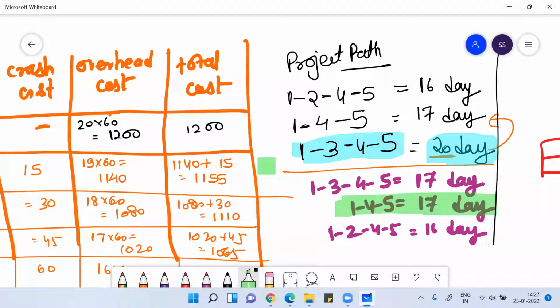So you can find the path which is common in them, which is 4 to 5. If you reduce 4 to 5 by 1 day, automatically both will get 16 days. By crashing, you made both paths 16 days, and overall you made the critical path 16 days.